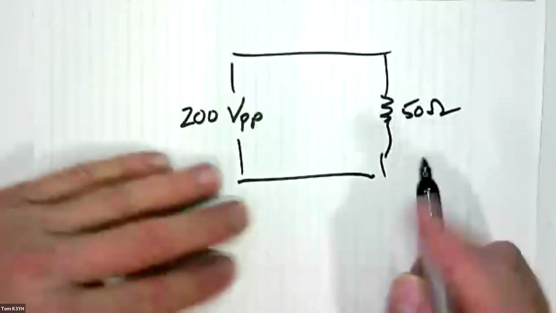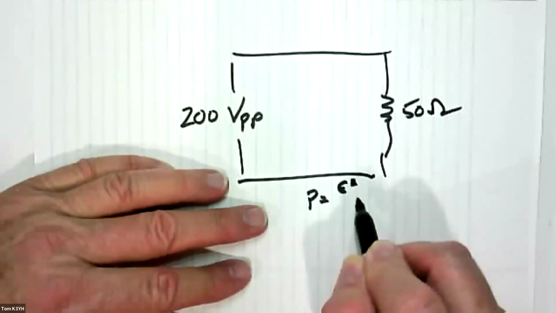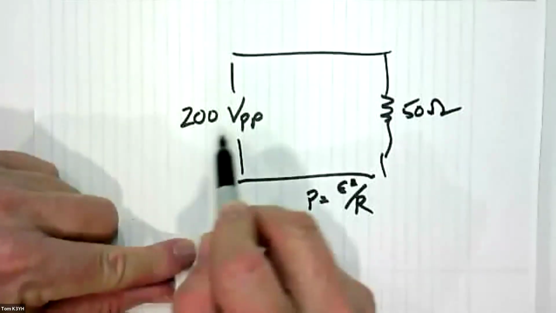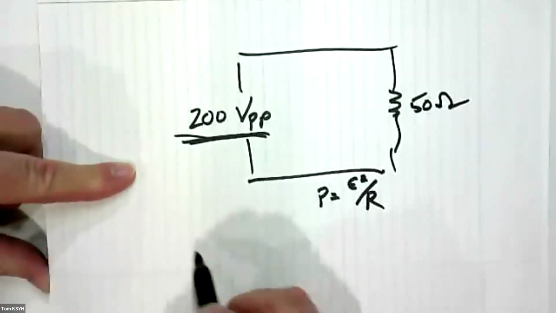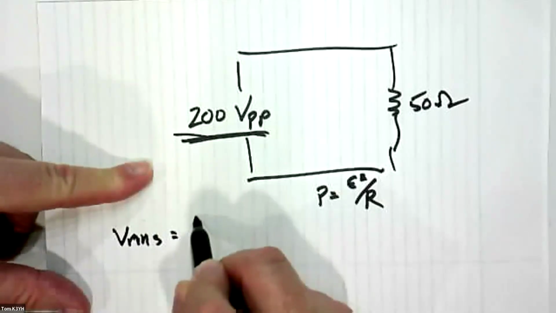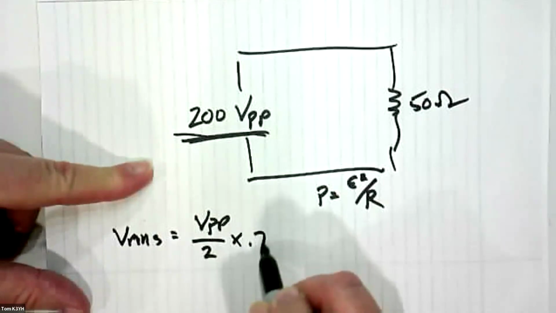Okay, so once again, power equals E squared over R, but this is not the right E. I've got to get VRMS. So VRMS equals V peak to peak over 2 times 0.707.